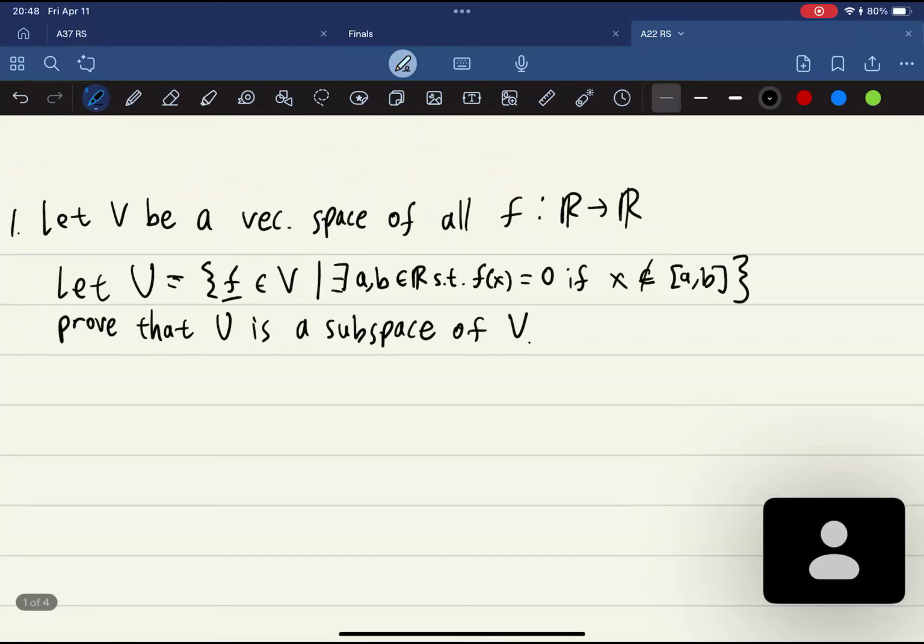Our task is to prove that U is a subspace. Does anyone first have any ideas on what first steps we have to take?